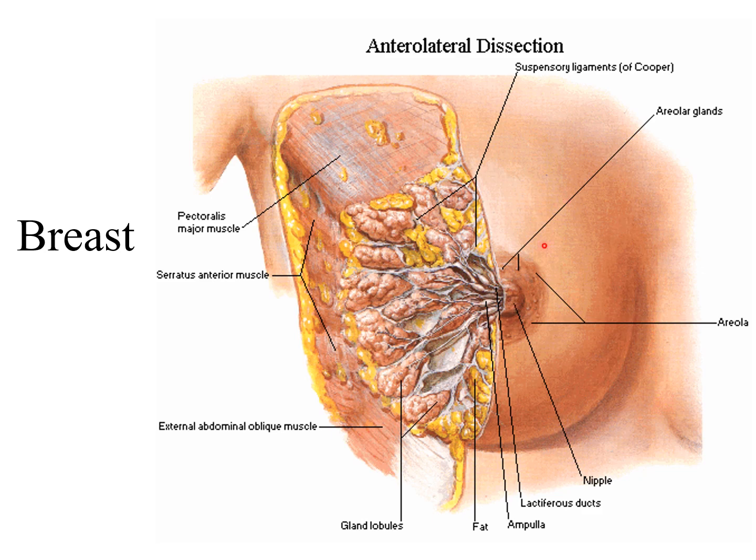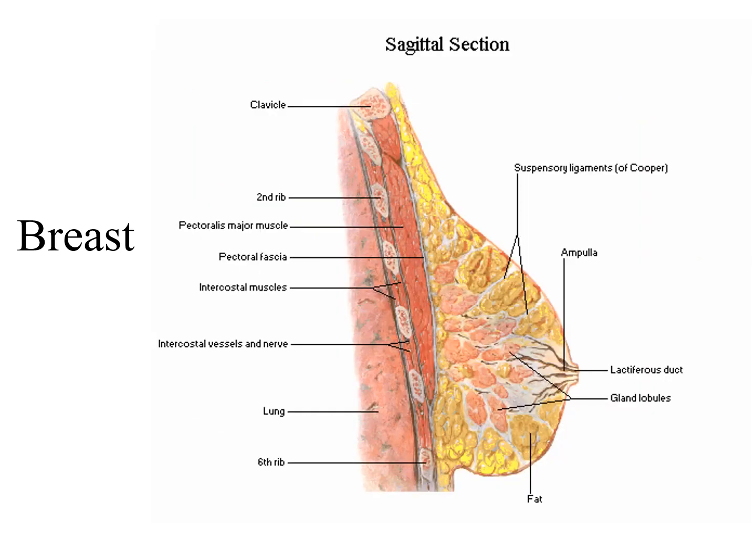From every side these lactiferous ducts move towards the center, the nipple area, and before they enter the nipple they have dilatations, known as ampulla. Along with that, in this diagram we also see ligaments known as the suspensory ligaments of Cooper, which support the breast. We will see this in the picture.